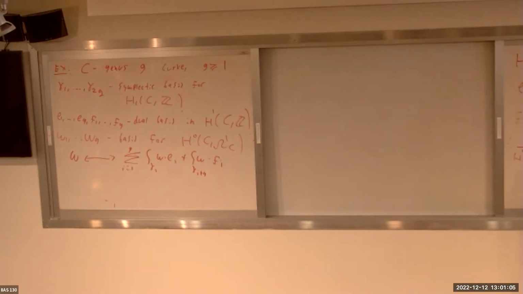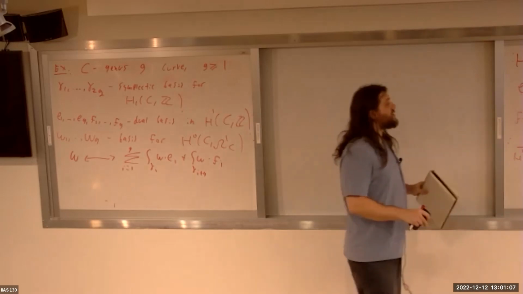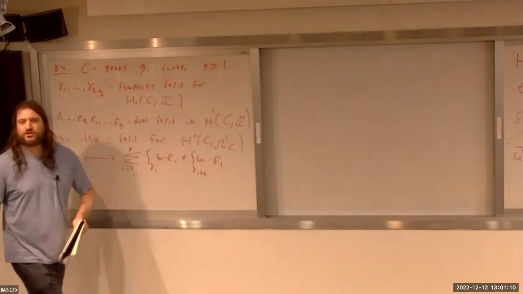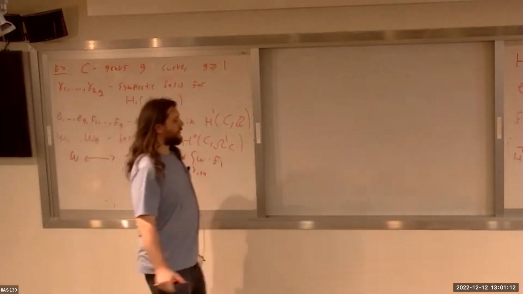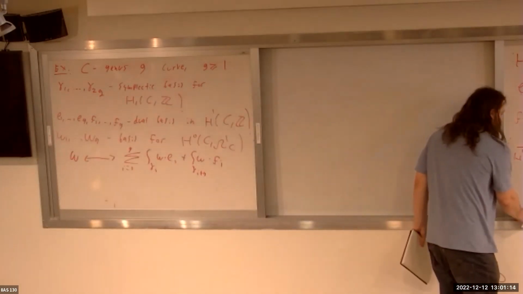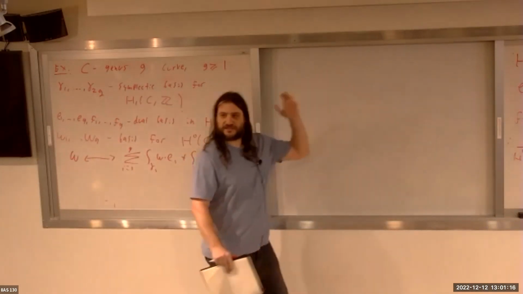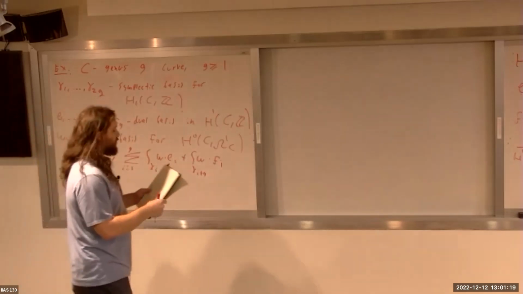So now let me actually give you the definition of a Hodge structure, which is exactly made to capture all the structure we saw present from smooth projective varieties.